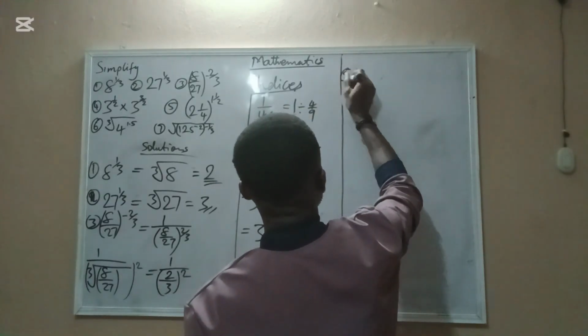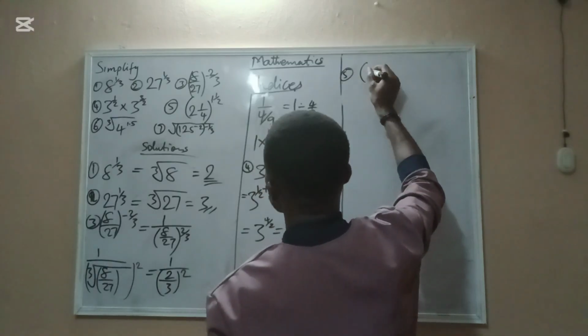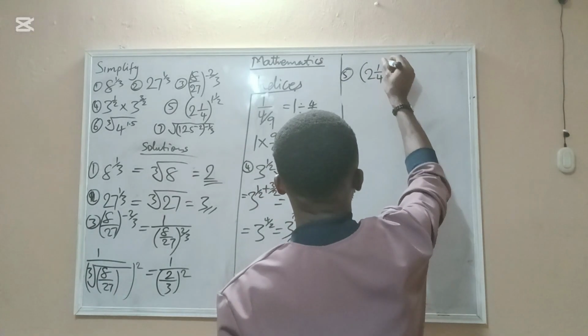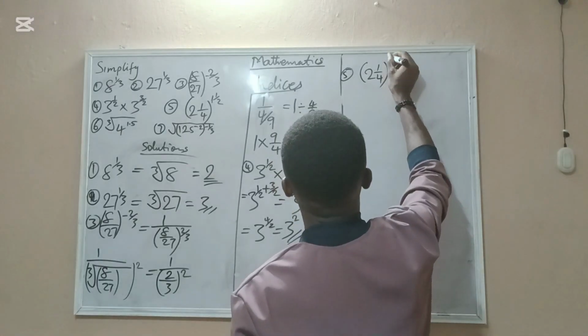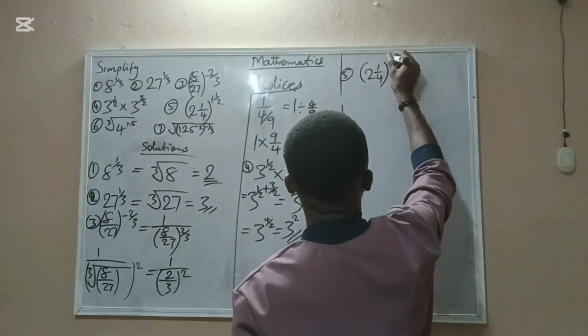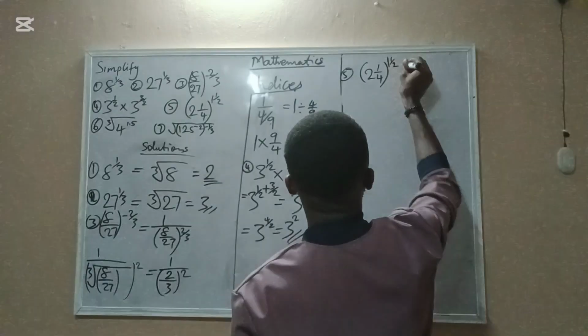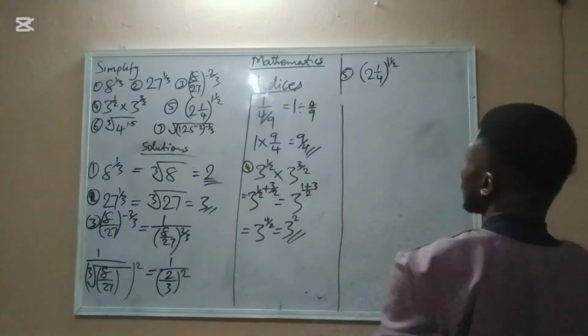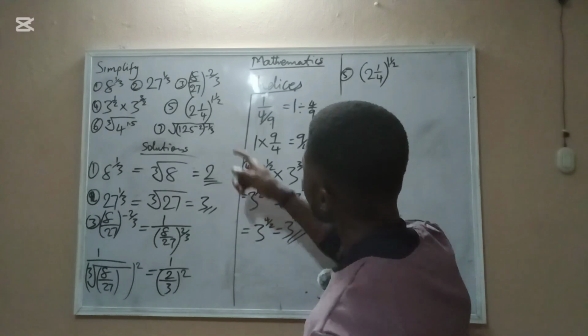Number 5 says bracket 2 whole number 1 over 4, all raised to the power 1 whole number 1 over 2. So this is it, right?